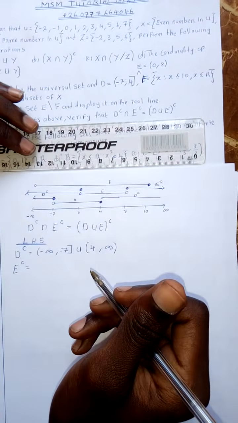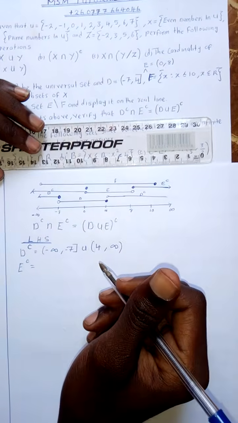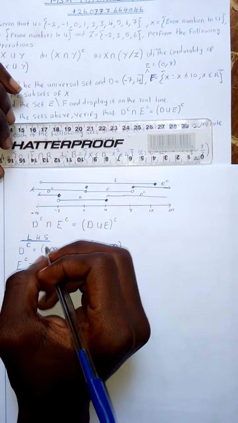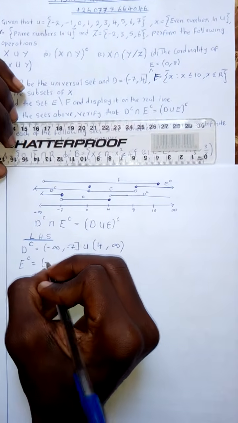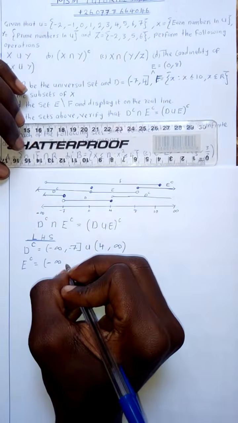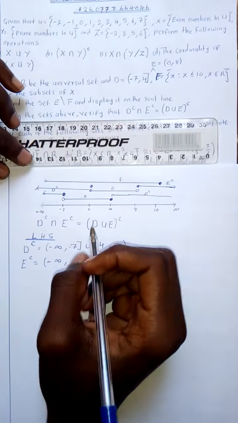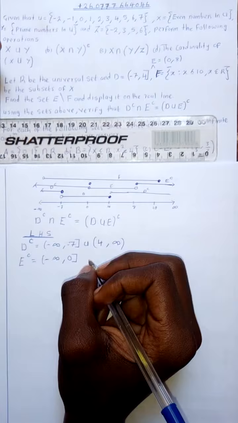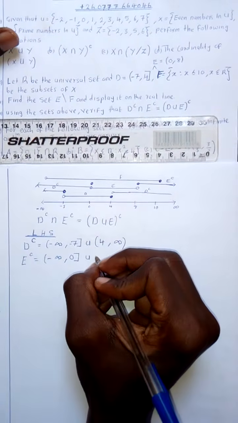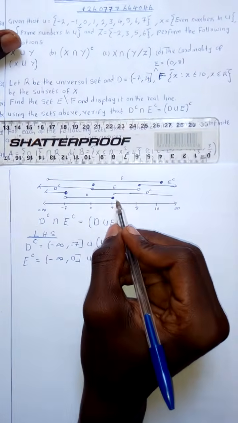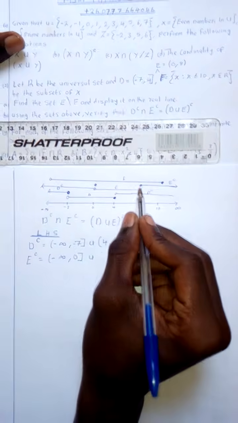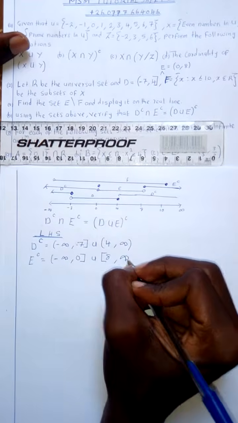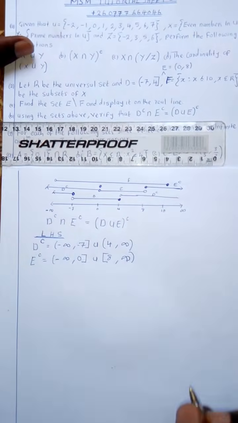Since this is an open circle, this is also going to be a closed circle. So I can name this one as my E complement. So E complement is going to start from negative infinity to 0, included like this. Okay, 0 included. Union, then I open the brackets. Where is this starting from? It's starting from here. So this is going to be 8 included, then something like this.